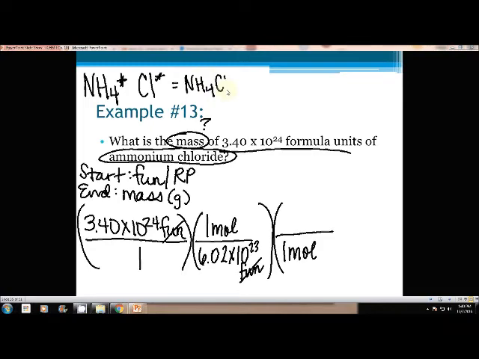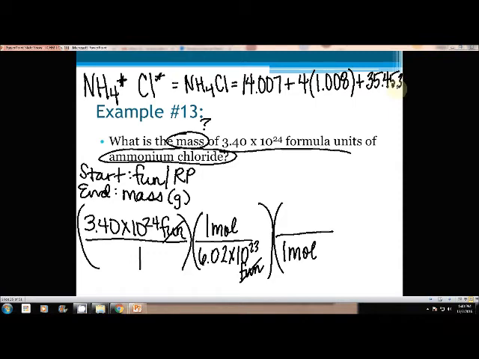NH4Cl. So now is when we look at the periodic table and add up all those mass numbers, okay? So what's the number for nitrogen? Plus, we have 4 hydrogens. And hydrogen is? Perfect. Okay, and then 1 chlorine.